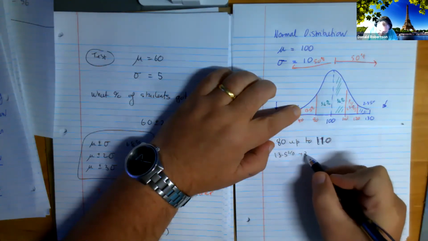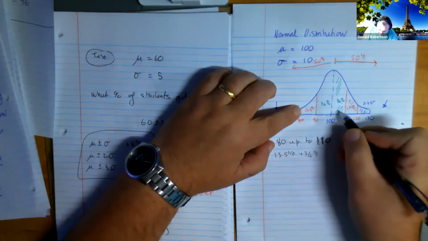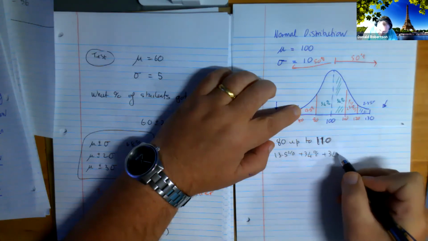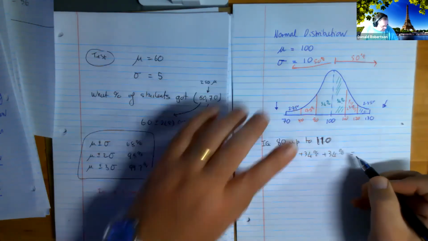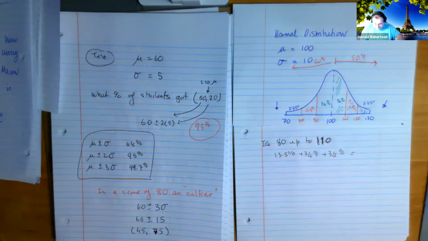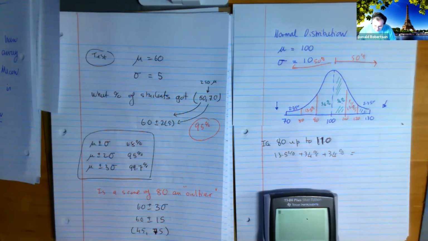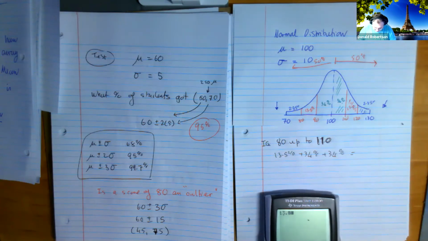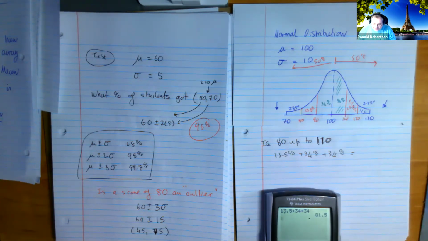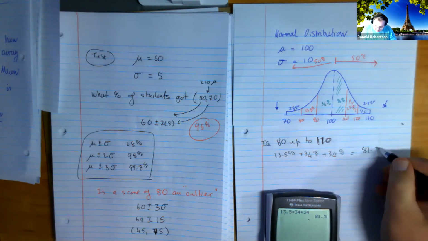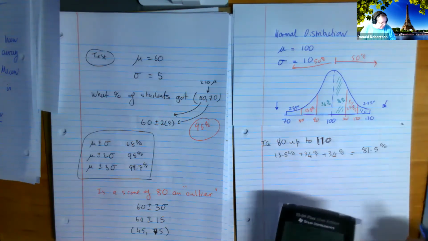This piece here has 34%, and this last piece has another 34%. So you can add them all together. So you go 13.5 plus 34 plus 34, and the answer you get is 81.5%.